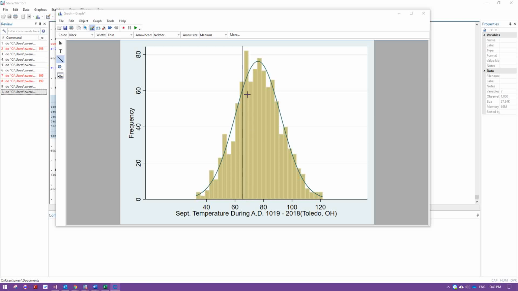If you identify the area that fits our description, it will be the area to the left of this reference line. This line and this curve almost form a triangular shape. It's not exactly triangular, but let's imagine it's triangular.